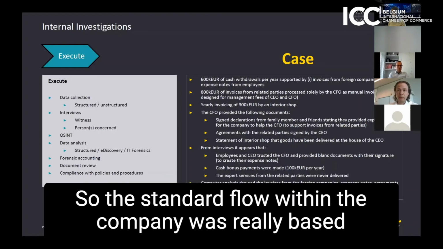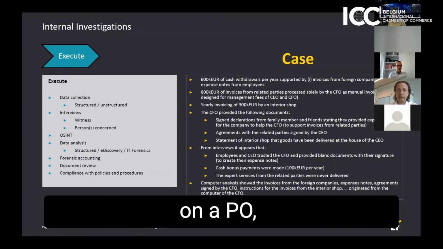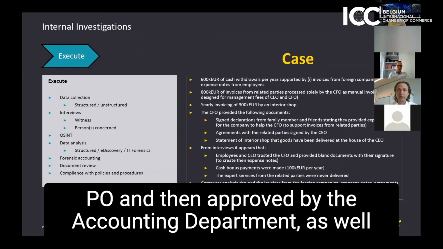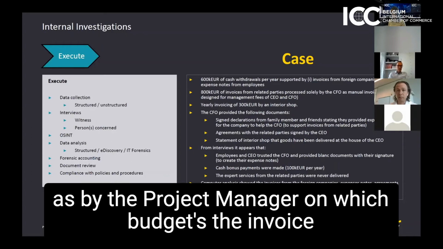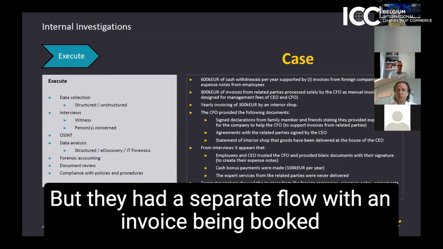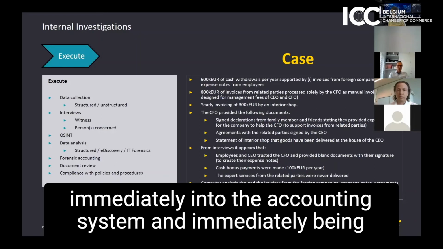So the standard flow within the company was really based on a PO, and then an incoming invoice was scanned, matched against the PO, and then approved by the accounting department, as well as by the project manager on whose budget the invoice would be allocated. But they had a separate flow with an invoice being booked immediately into the accounting system and immediately being paid.